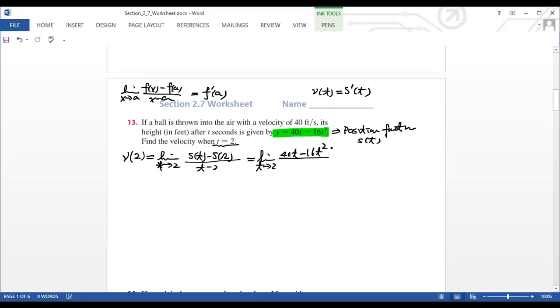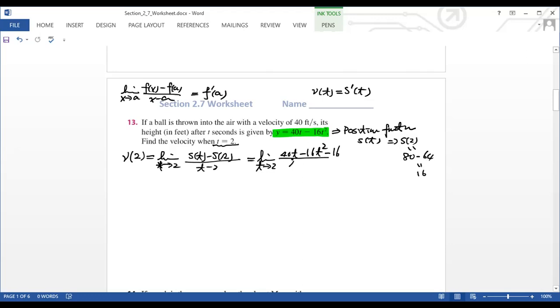Plugging in s(2), it will give you 80 minus 64, so that gives you 16.